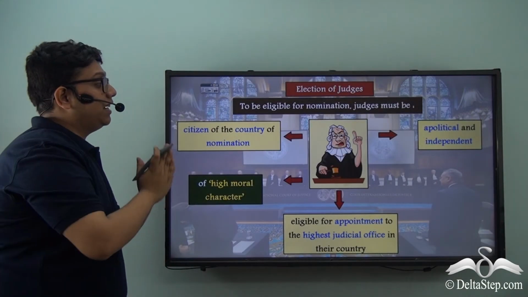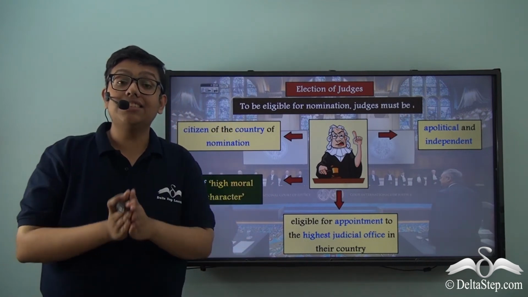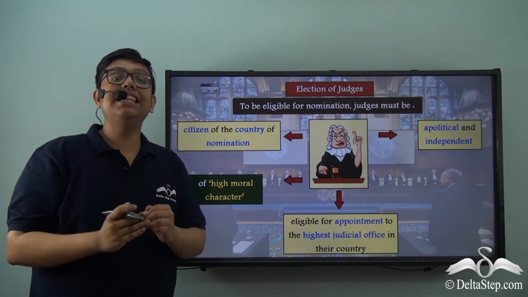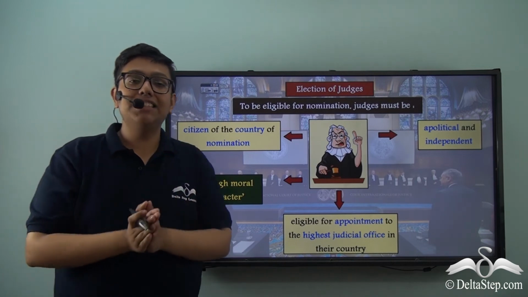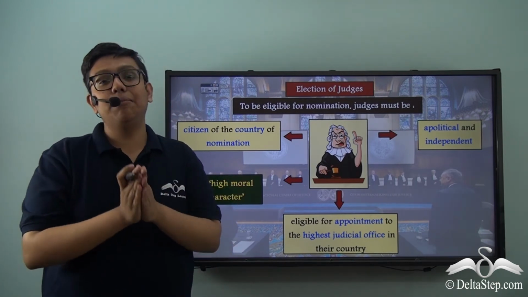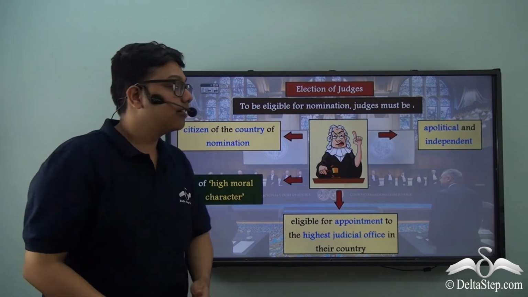And that is why, in order to be eligible for nomination to the ICJ, the judges at least need to be eligible for appointment to the highest judicial office in their own country. If they are not eligible for the highest judicial office in their own country, how can they be eligible for the highest court of international law in the world?